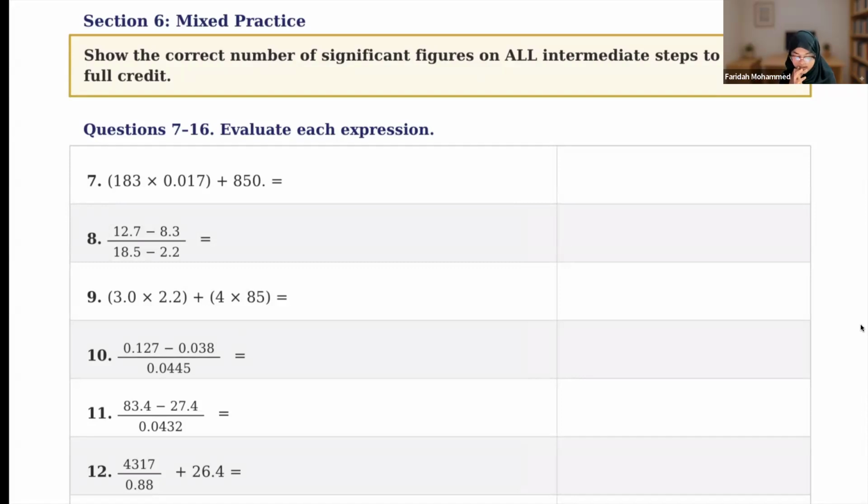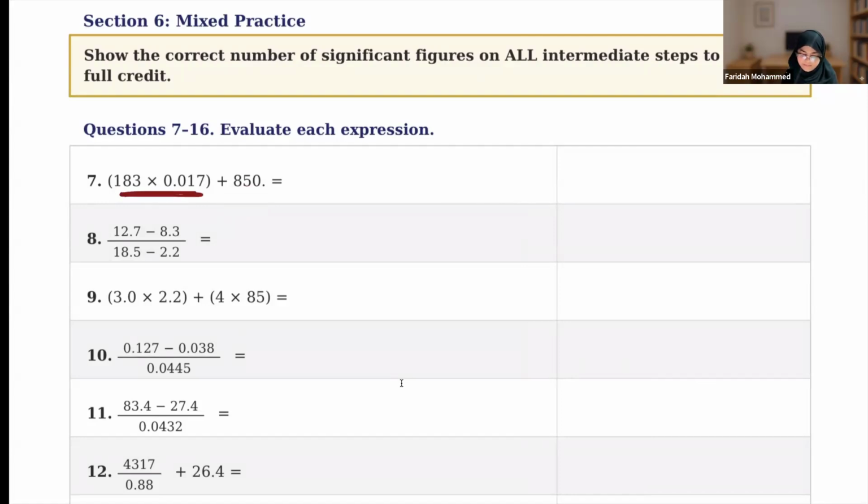Instead, you have to do it step by step based on the rules. For example, this one is multiplication. So first, you do the multiplication first and round it off to its own rule, and then you do the addition.